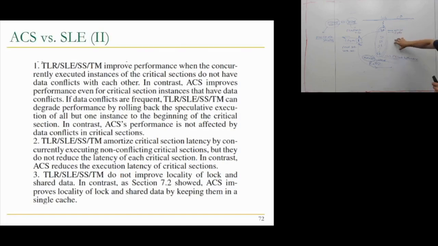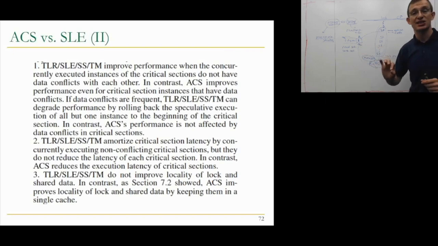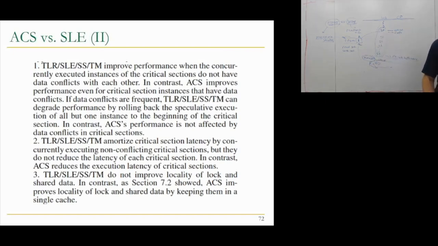For all of the instances of the critical section except for one. Whereas ACS, regardless of however many data conflicts you have, still obeys the locking semantics in execution. As a result, it serializes the instances of the same lock.